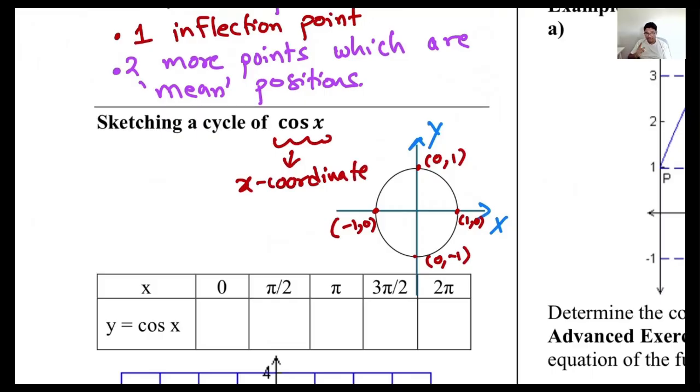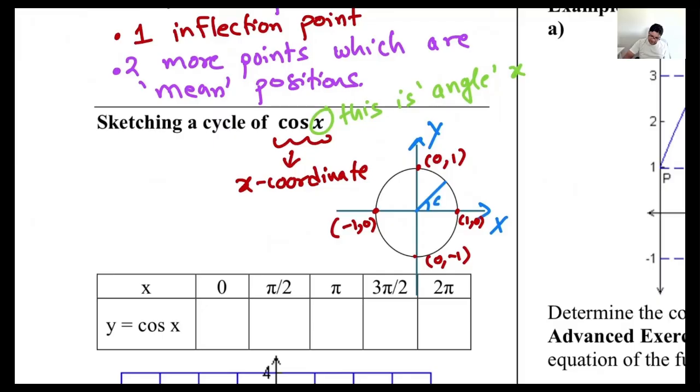Now, don't confuse that x coordinate with this x, that is different. This is angle x, not the x coordinate. So we use x for both of them here. You have to be very clear which one we are talking about. When I say cos x, that x is the angle x. Otherwise we used alpha earlier, right?